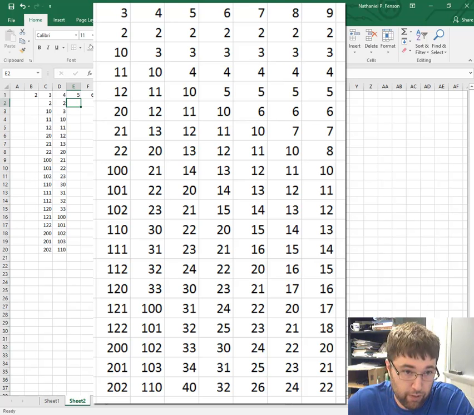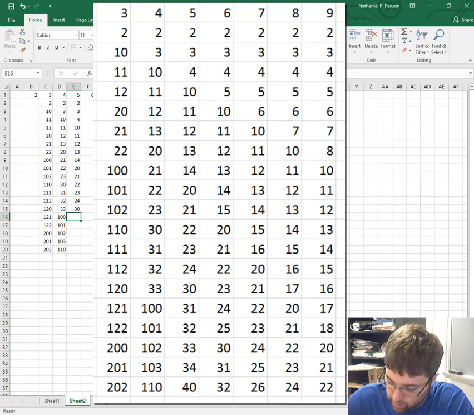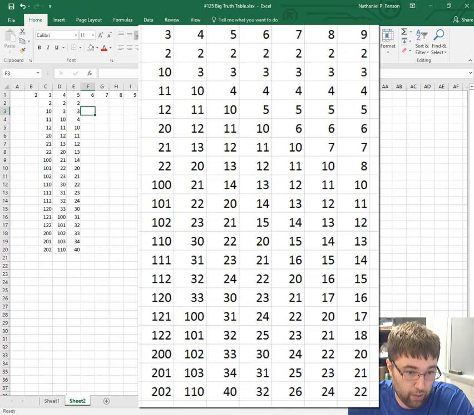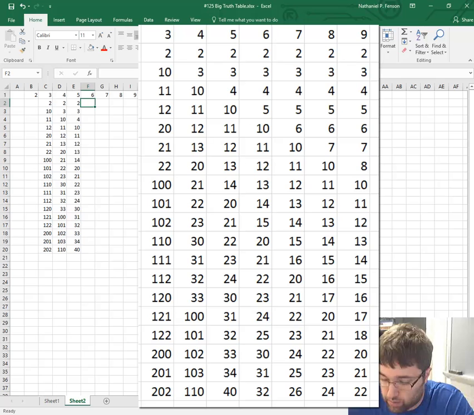So we have 2, 3, 4, 5, 6, 7, 8, 9, 10, 11, 12, 13, 14, 15, 16, 17, 18, 19, and 20. And again, notice how the numbers are getting smaller and smaller every time.